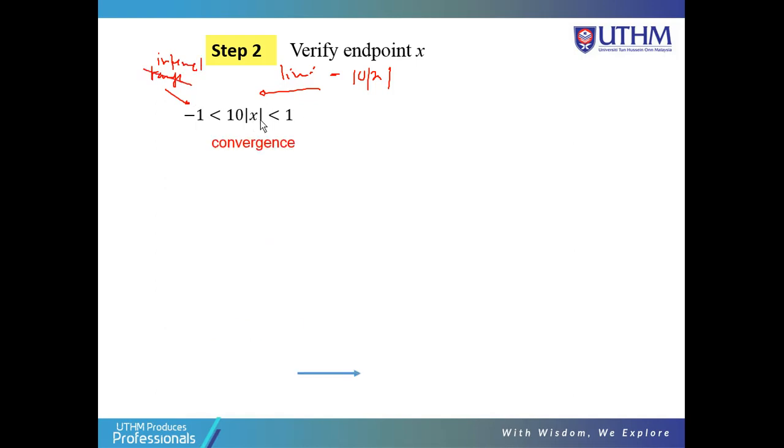We put -1 and 1 because of the law of convergence: the limit must be more than -1 and less than 1. So in step 2 we automatically put -1 and 1, because we want to verify the convergence.